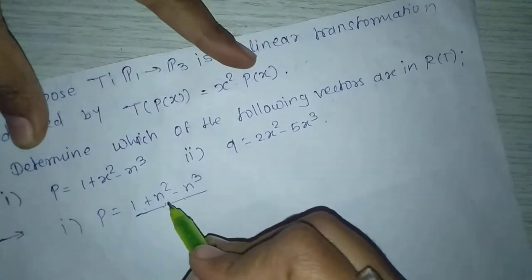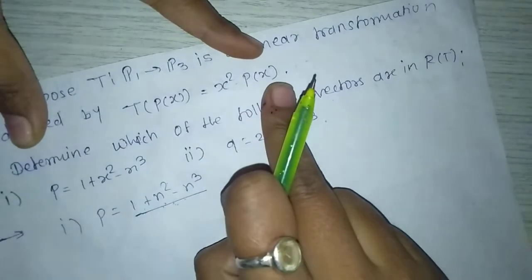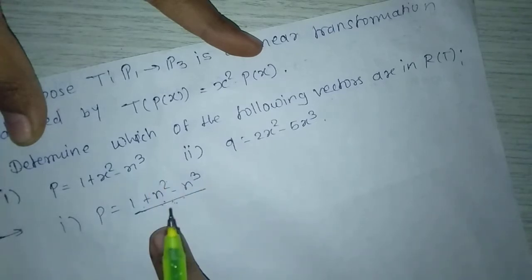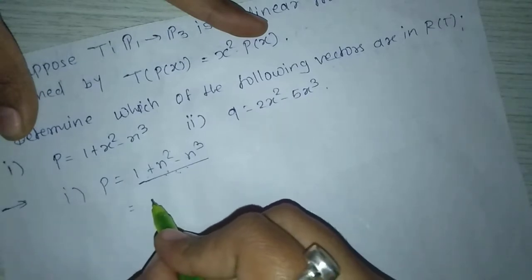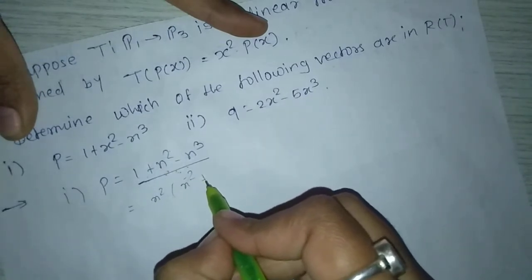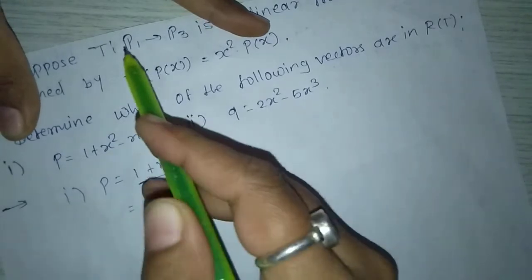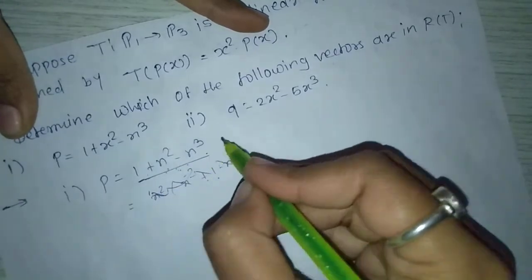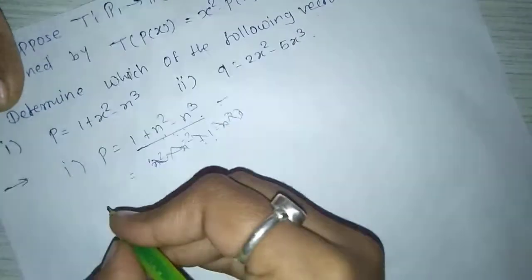But this is not in the form of x squared into some polynomial, because when we take x squared as common, we cannot get a polynomial. Suppose we take x squared common, then here we get x raised to minus 2, plus 1, minus x, but it is not valid for this transformation. That's why p does not belong to the range of T.